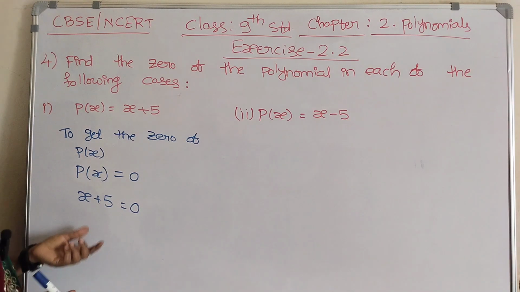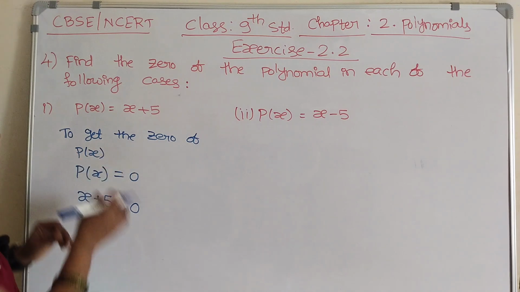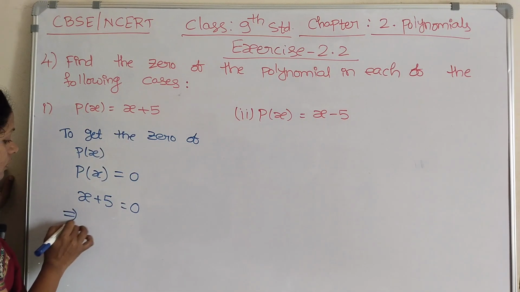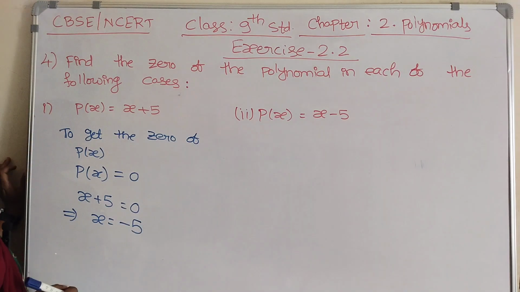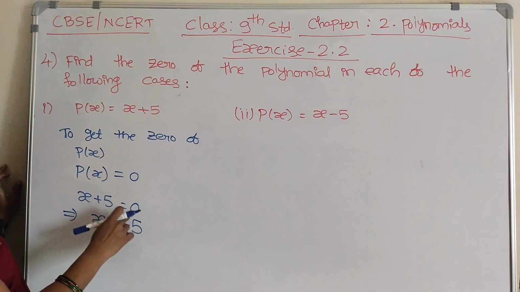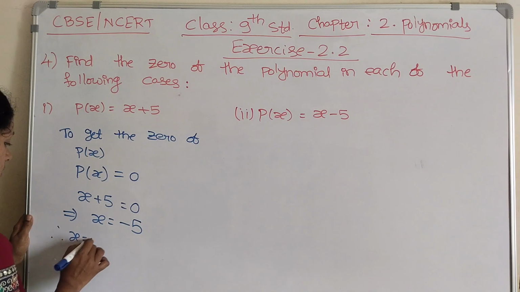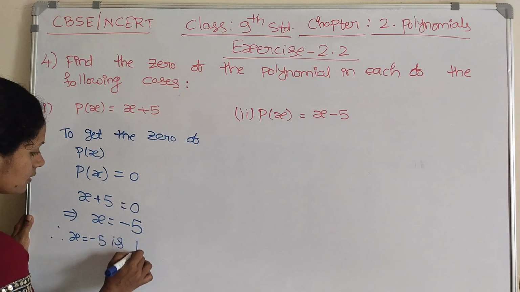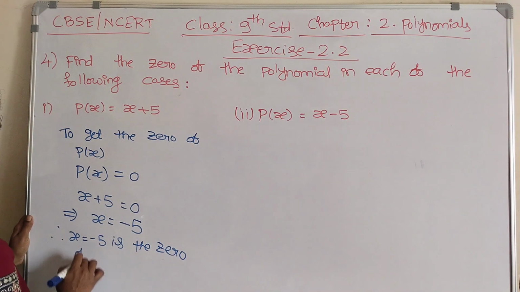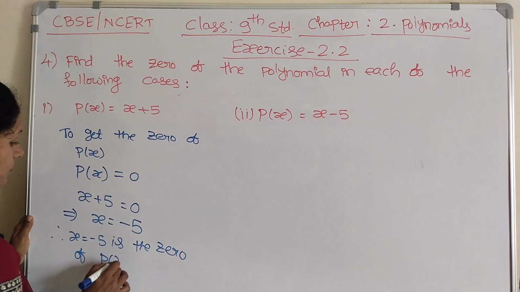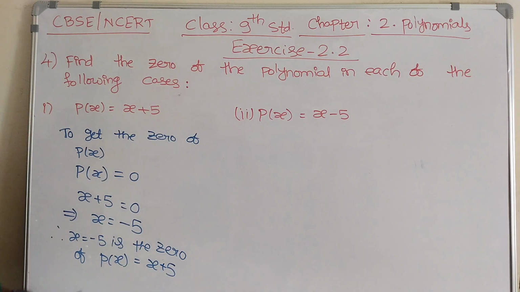It is nothing but solving for the value of x, meaning getting the zero of any polynomial. Which implies x is equal to minus 5, because if it goes to the other side, then 0 minus 5 will be minus 5. Therefore, x equals minus 5 is the zero of p of x equals x plus 5.